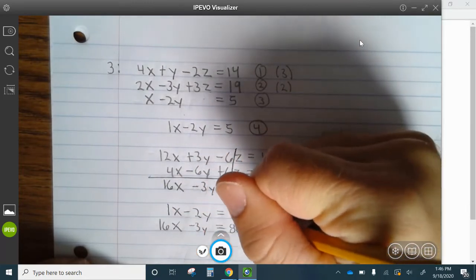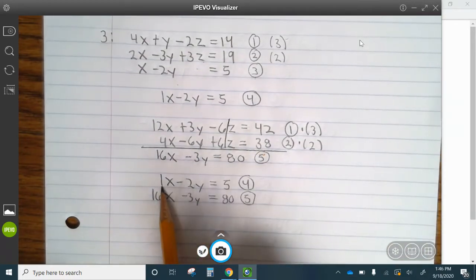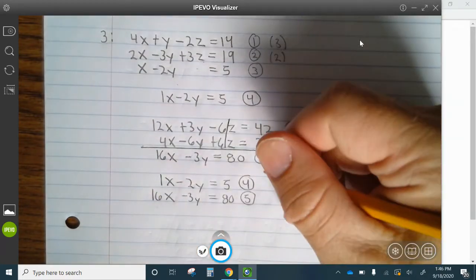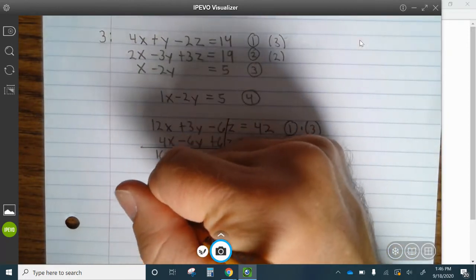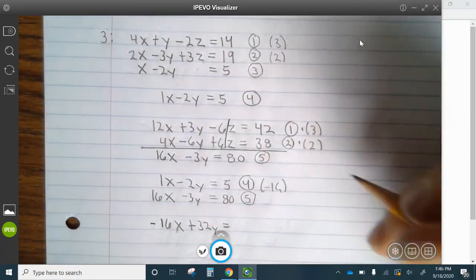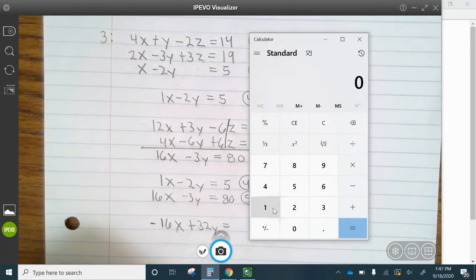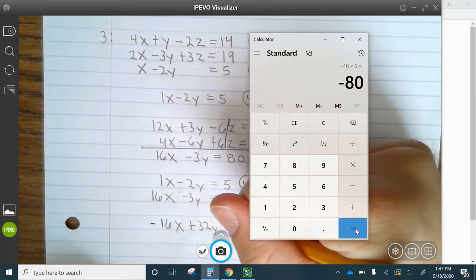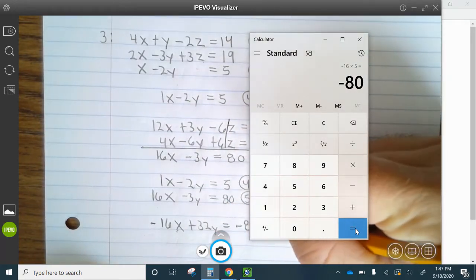That's negative 16x plus 32y equals negative 80. And then we just have equation 5, which is 16x minus 3y equals 80.